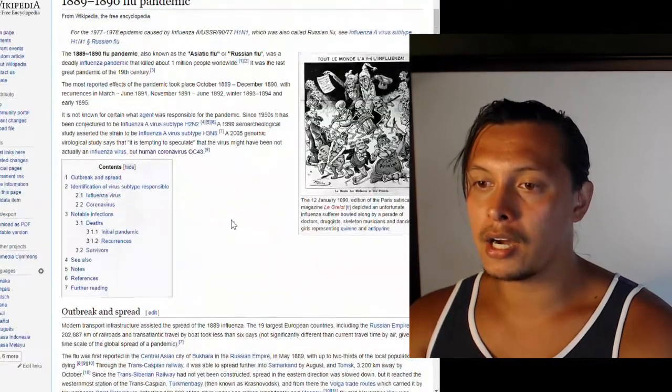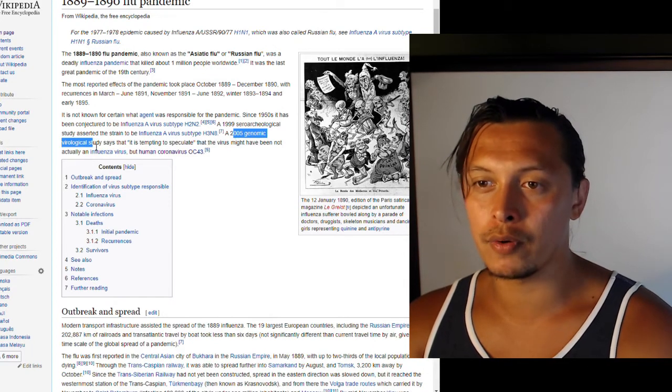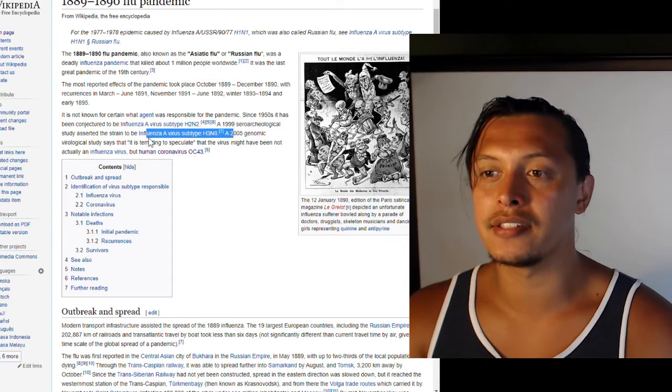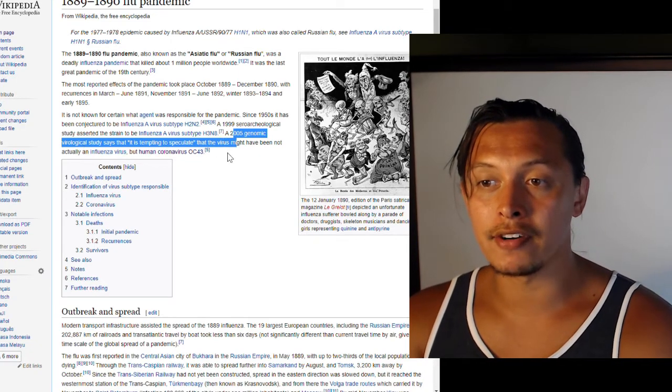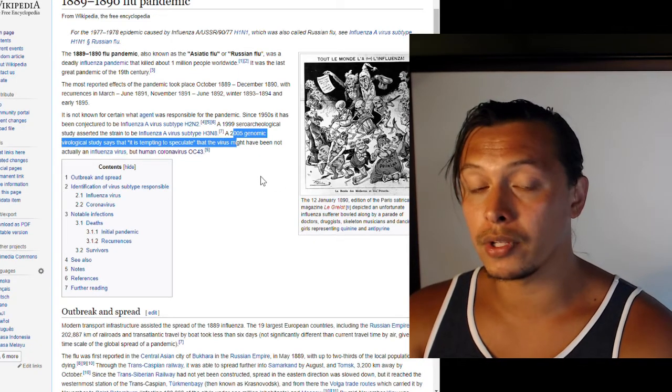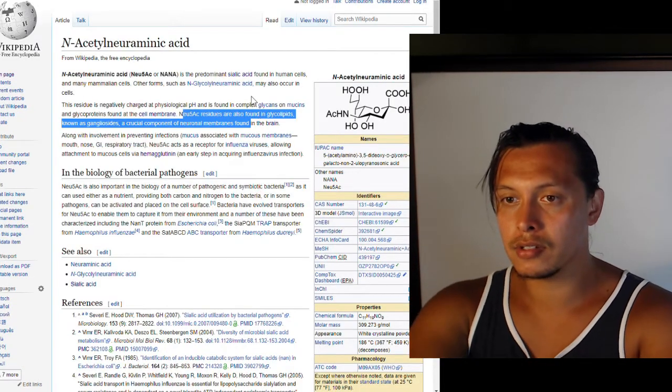And apparently, the genomic virological study said that it's tempting to speculate that the virus might have been not actually an influenza virus, but the human coronavirus OC43. Okay, so let us continue.